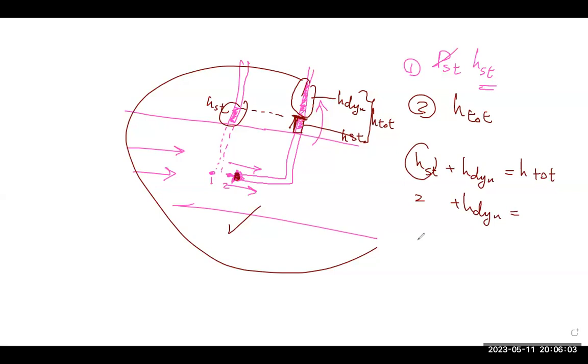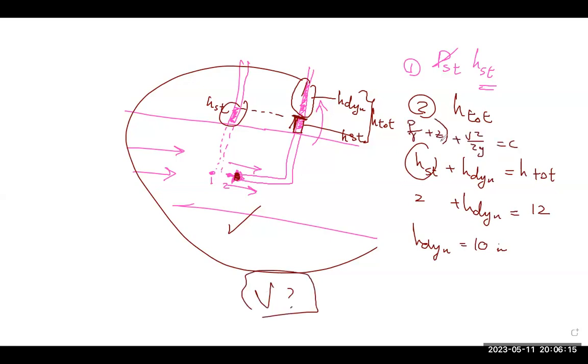I know the original equation is P over gamma plus z plus V square over 2g equal to constant. What is the first term? Static. What is the second term? Dynamic. So I need H dynamic, 10 inch, equivalent to V square over 2g.